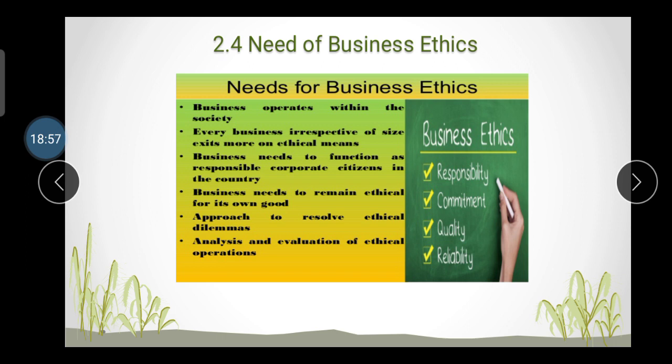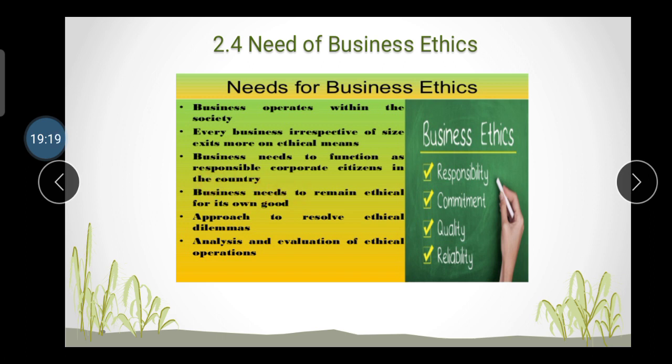Second, every business, irrespective of its size, exists more on ethical means. So whatever business you run, you should maintain ethics in your business. Third, business needs to function as a responsible corporate citizen in the country.